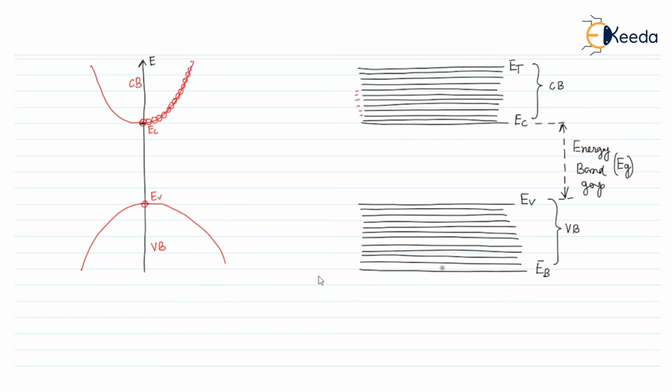These small circles denote the discrete energy levels of the conduction band that I have drawn as lines inside the conduction band. Similarly, in the valence band there will also be discrete energy levels.